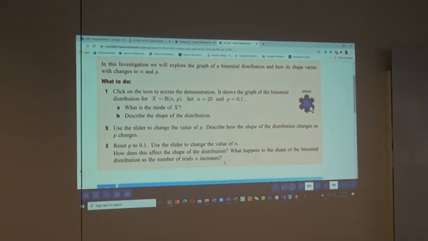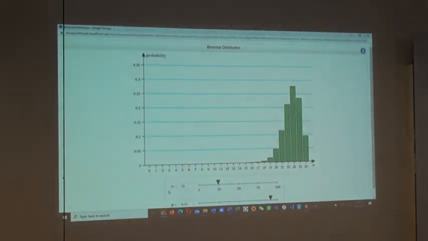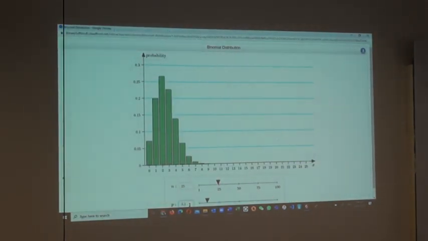Now, we want to reset p to that, and this time around, we want to change n, the slider of n. So let's take p to be 0.1.